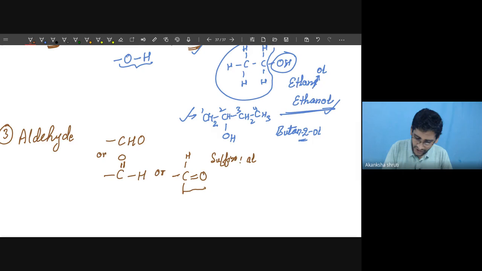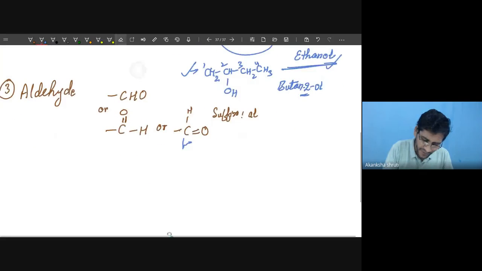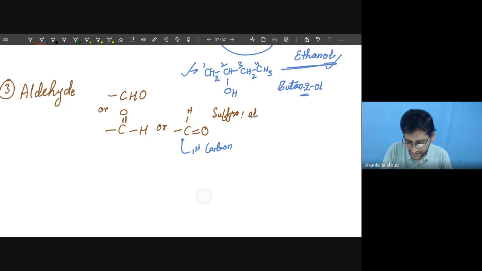So for naming a compound containing an aldehyde, this is the first carbon counted for nomenclature.